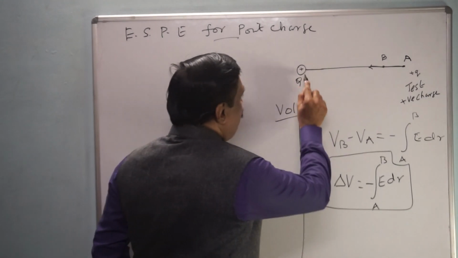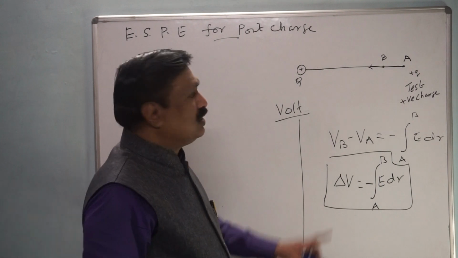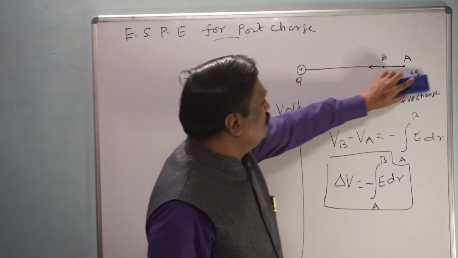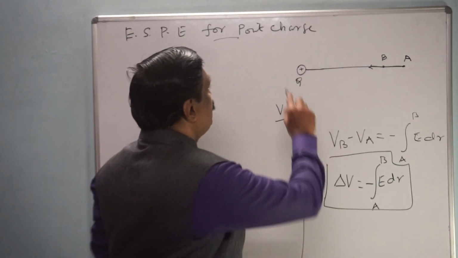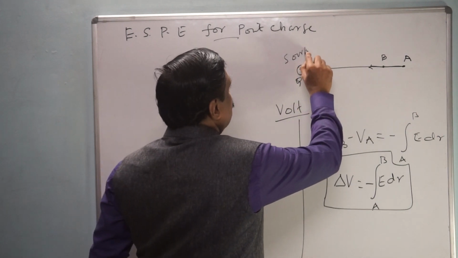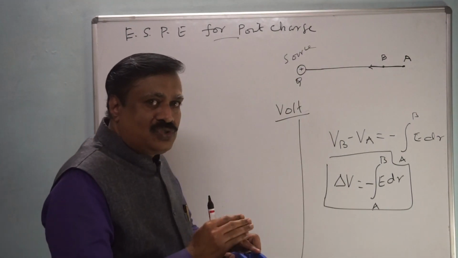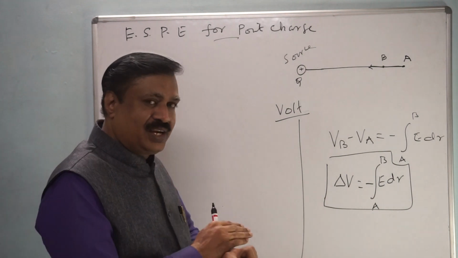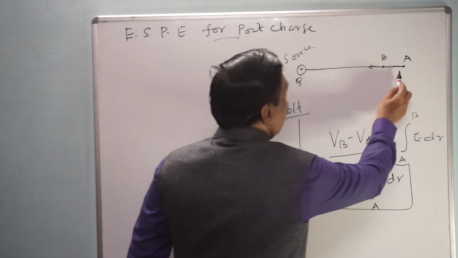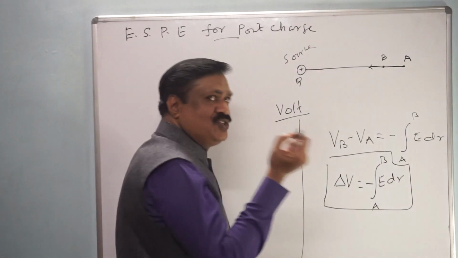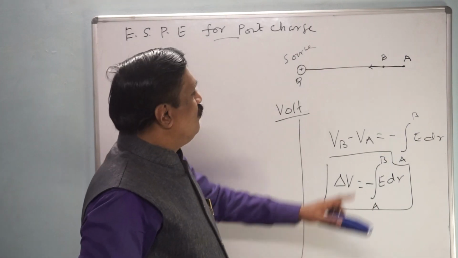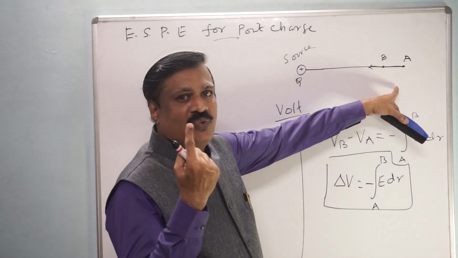This is the source charge, so you can remove the test charge. That means it spreads an external electric field. Now you are bringing one point charge, or unit charge. Unit charge means which one? 1 coulomb.